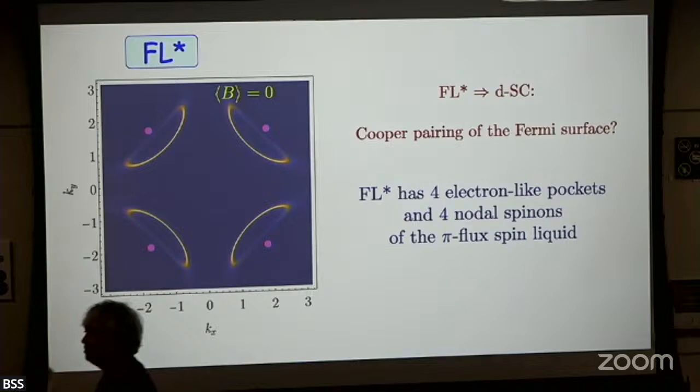What was the issue there with fixing v_F and v_delta? So they didn't have all these multiple layers. They did the slave particle description where they just had one layer. They just said c_alpha was some boson times f_alpha dagger. You had a spin liquid where you had f_alpha non-zero.